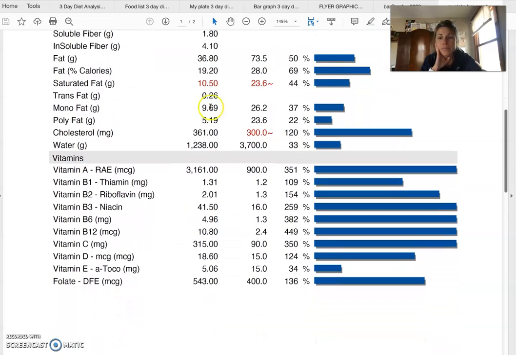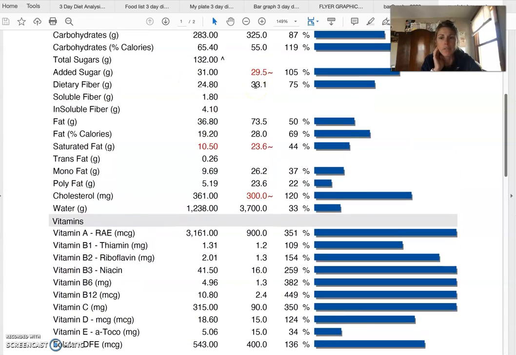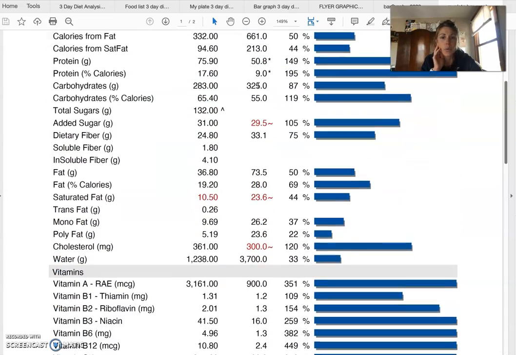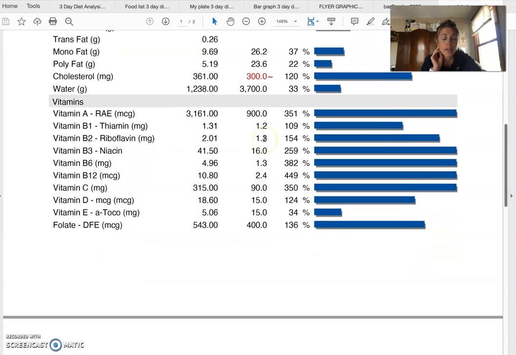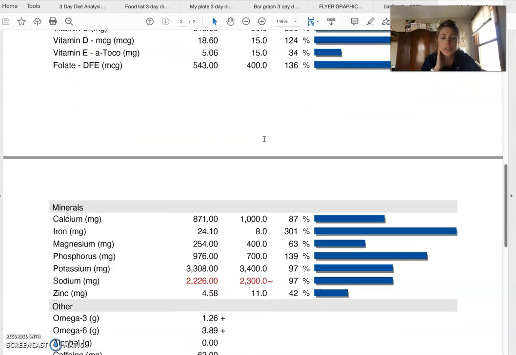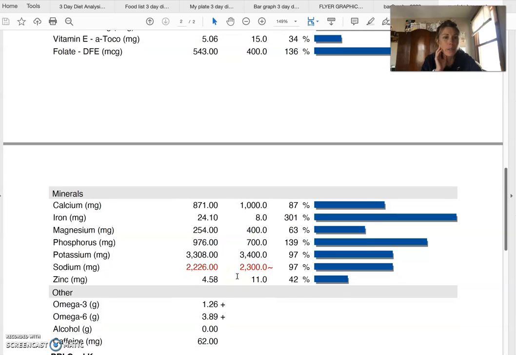Again, looking at those red numbers, obviously saturated fat and added sugars are ones we want to keep our eye on. Cholesterol is one that we keep our eye on as well with our consumption of dietary cholesterol. And then sodium. Sodium is the other biggie that we were keeping our eyes on.